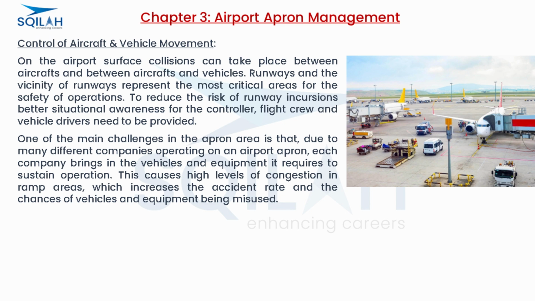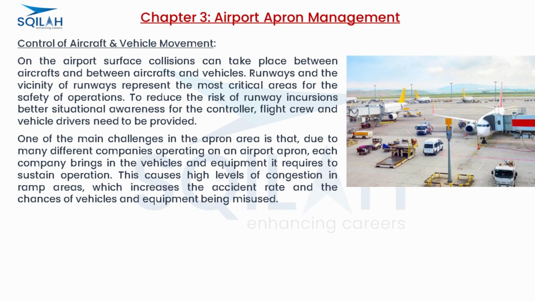On the airport surface, collisions can take place between aircraft and between aircraft and vehicles. Runways and the vicinity of runways represent the most critical areas for the safety of operations. To reduce the risk of runway incursions, better situational awareness for the controller, flight crew, and vehicle drivers needs to be provided.